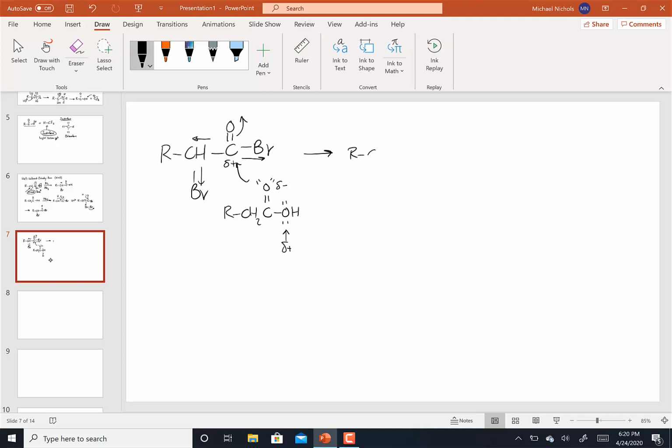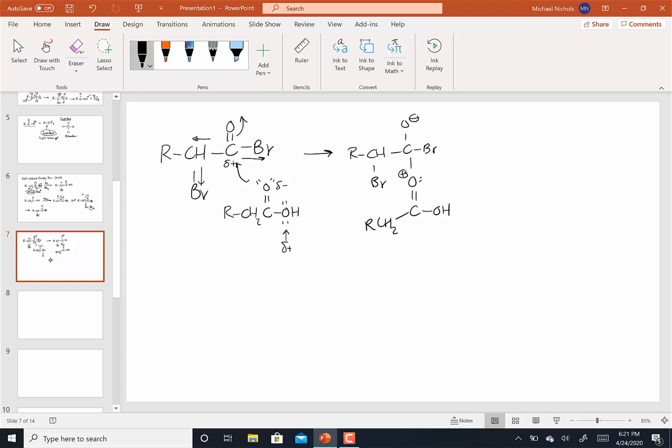When it does that, I'm going to form my O-. My carbonyl oxygen will have added to this carbon, and there would be a plus charge on that oxygen.